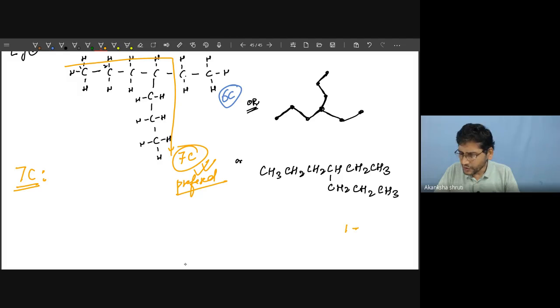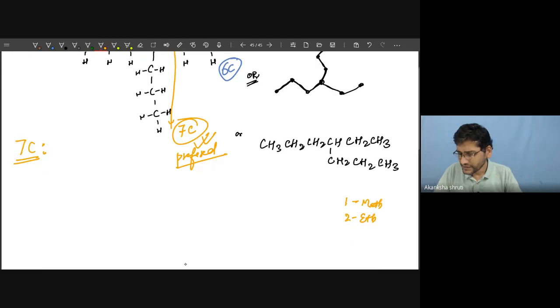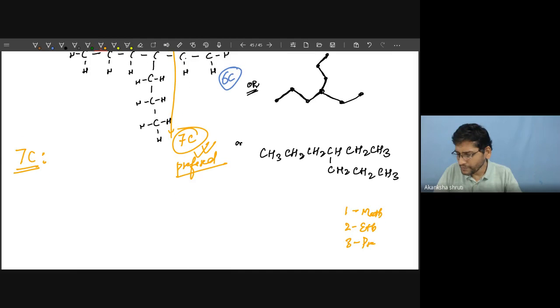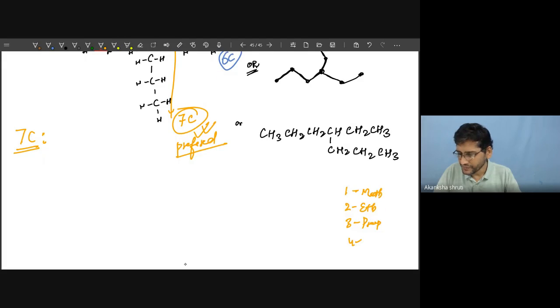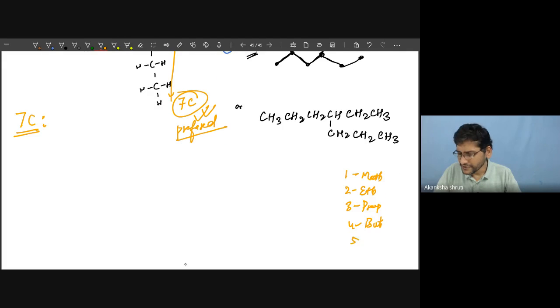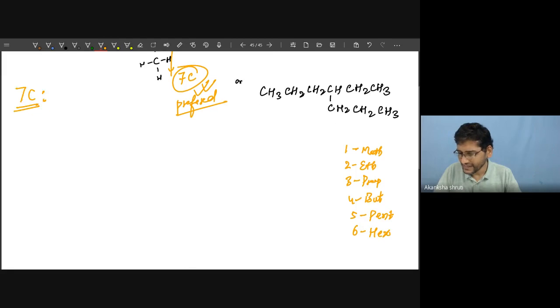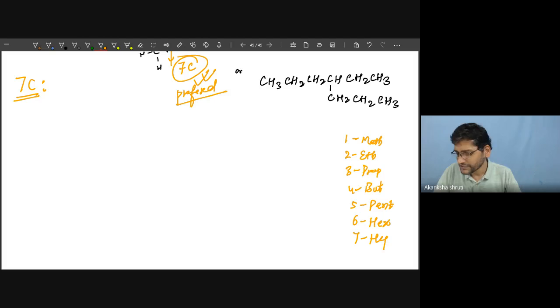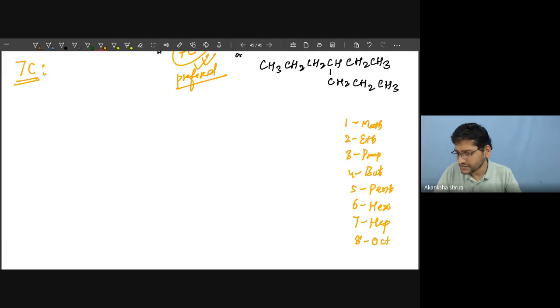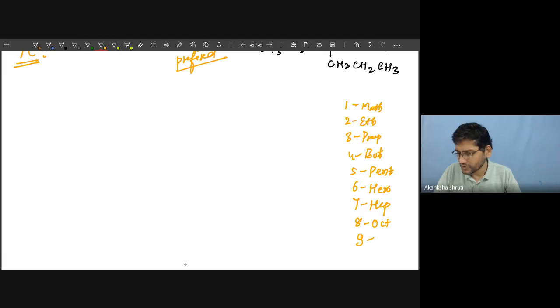I will write the table. 1 corresponds to meth, 2 corresponds to eth, 3 corresponds to prop, 4 corresponds to but, 5 corresponds to pent, 6 corresponds to hex, 7 corresponds to hept, 8 corresponds to oct, 9 corresponds to non, and 10 corresponds to dec. So this is the chemistry counting.